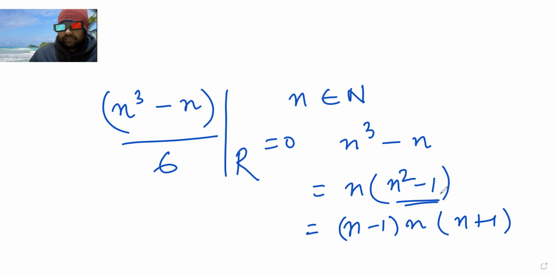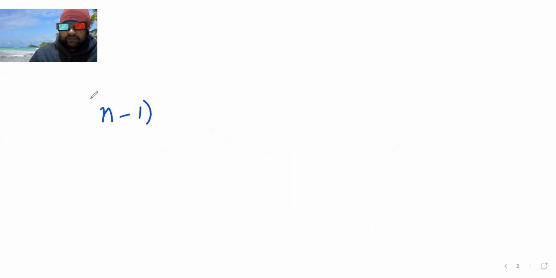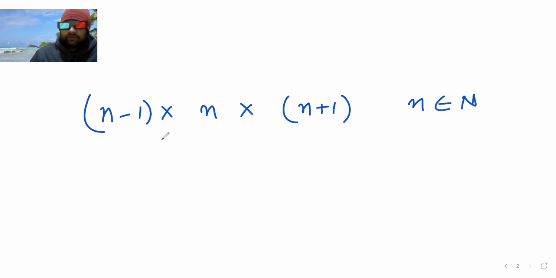Yes, because n square minus 1, I will break down into n minus 1 into n plus 1. So the expression I am getting here is n minus 1 into n into n plus 1, where n is a natural number. Individually, all these three numbers are natural numbers. They are also three consecutive numbers. So that is also established.